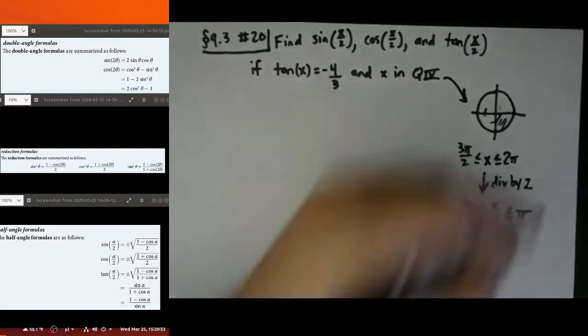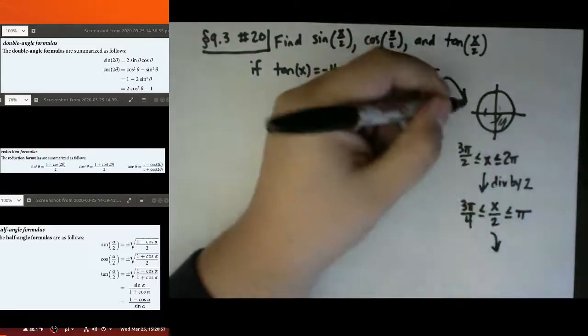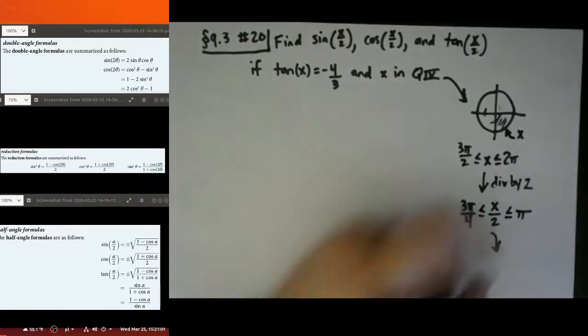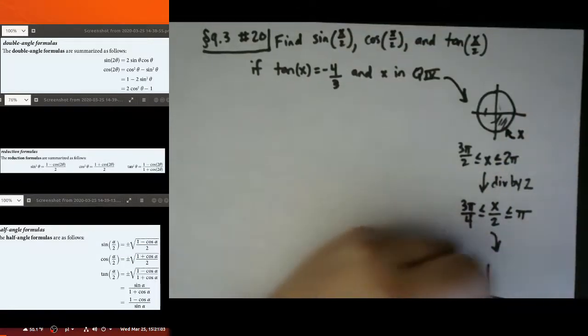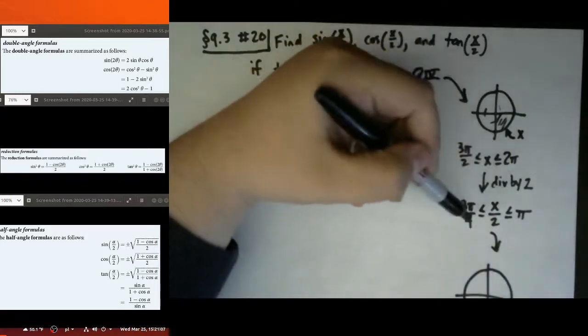Well, what quadrant are we talking about here? So x lives here, but where does x over 2 live? X over 2 is an angle bigger than 3 pi over 4.